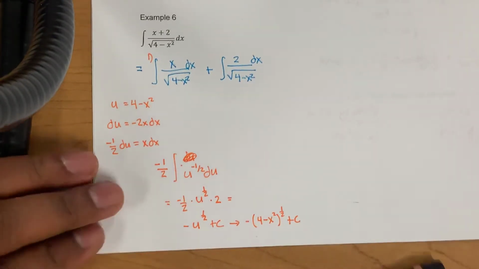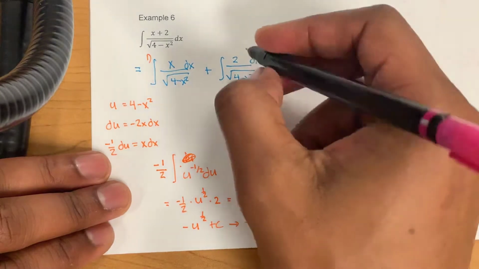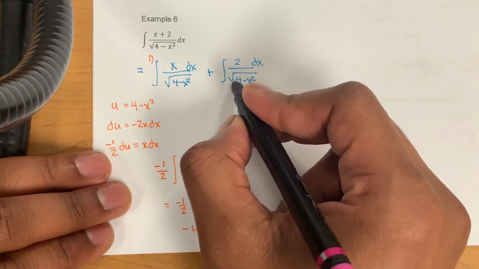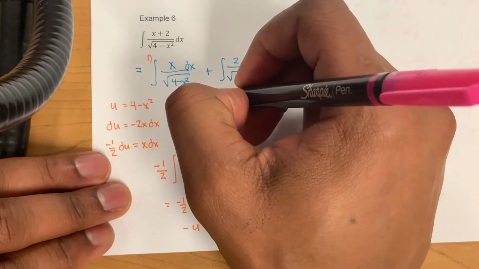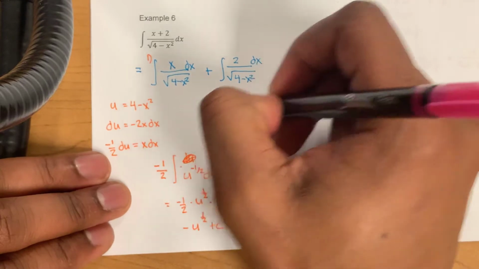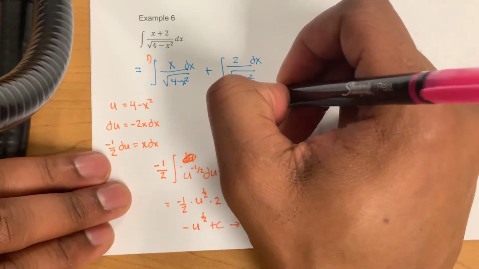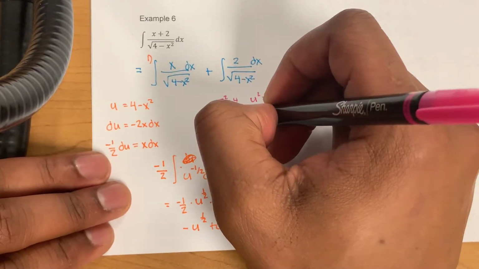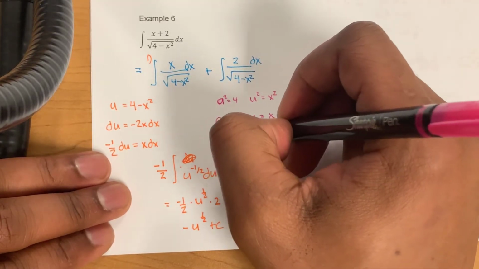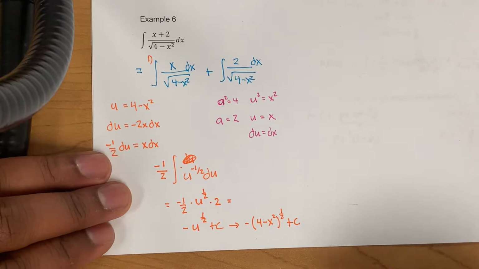From the second integral, since it's some number over the square root of a squared minus u squared, we know a squared equals 4, a equals 2, u squared equals x squared, and so u equals x, and du equals dx.